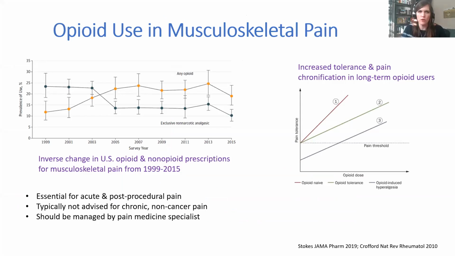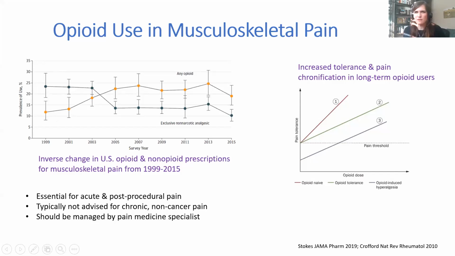I think most of us are aware of the growing opioid crisis, and unfortunately, it's been driven in part by use in musculoskeletal pain. Over the past 15 years, there's been an inverse change in prescriptions of opioids and non-opioid pain relievers for patients who have musculoskeletal pain in the United States.